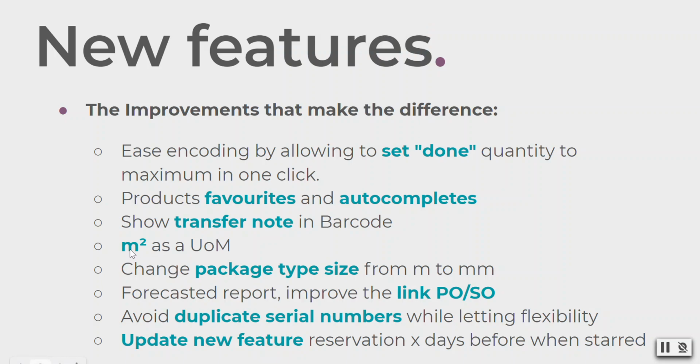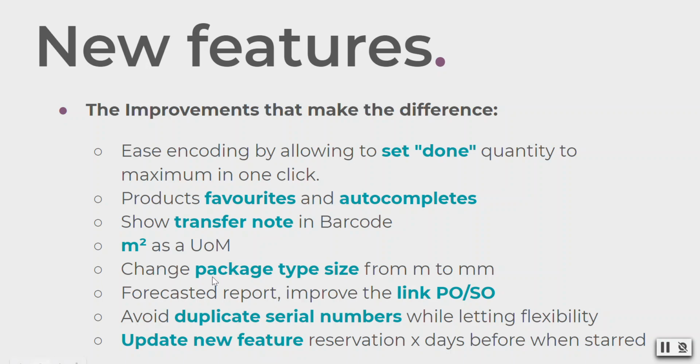Now on the default unit of measure, you have the category surface, and the reference unit is the square meter, and you have also the square feet, that is created.